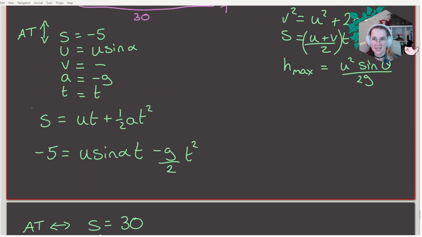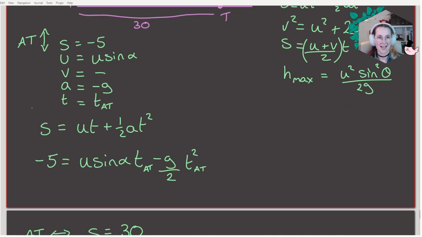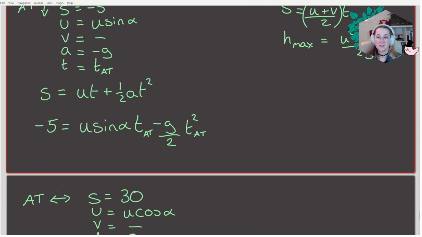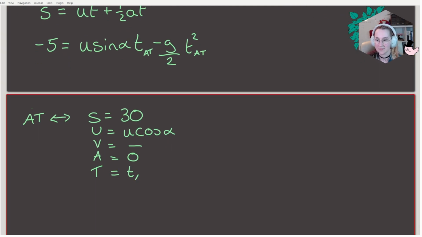So potentially here, because we have multiple points going on, I might actually do this as t_AB, just to show that it is specifically that time. That t here is equivalent to this one.